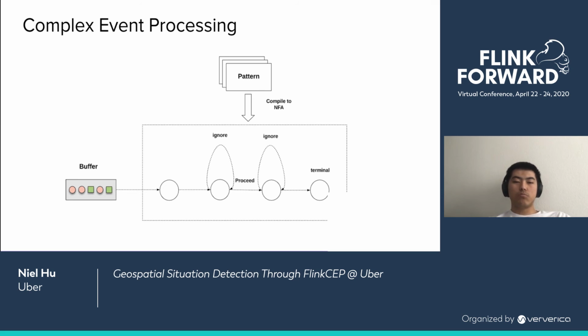The user must define the input stream, and also the pattern the user wants to look at. Then, during compile time, the pattern is compiled to a non-deterministic finite automaton. This is all done by FlinkCEP out of the box.